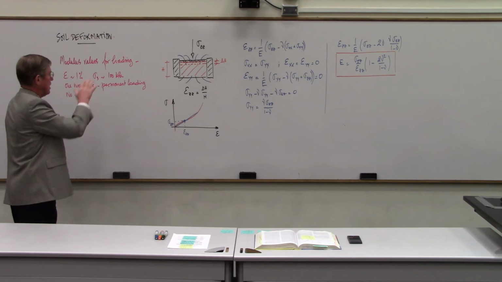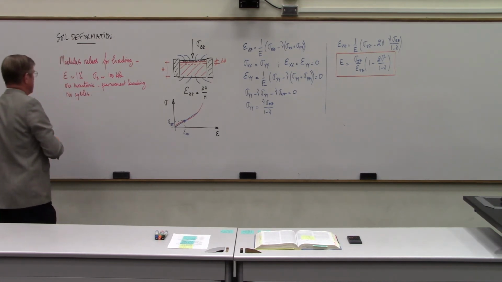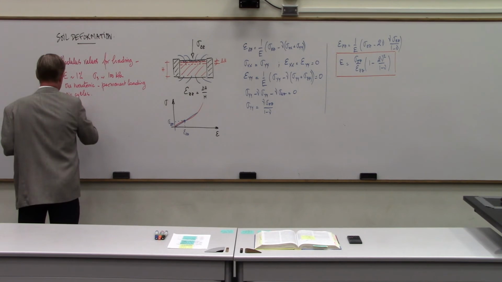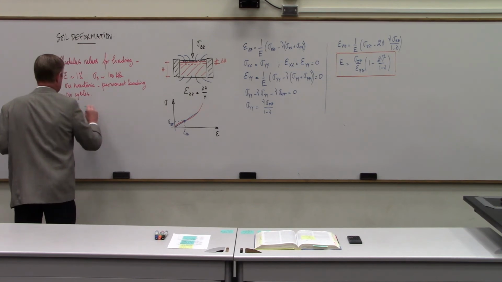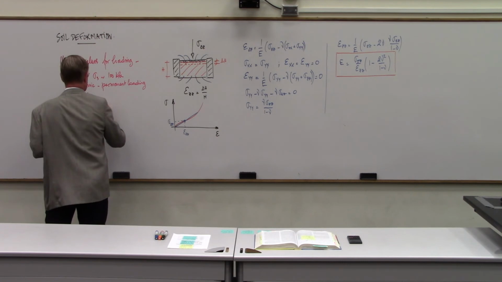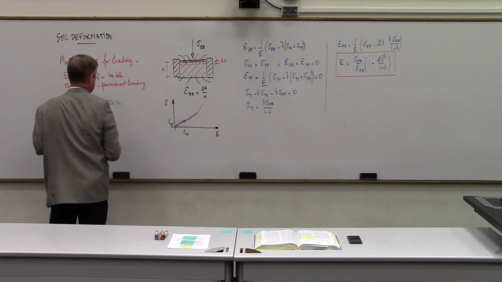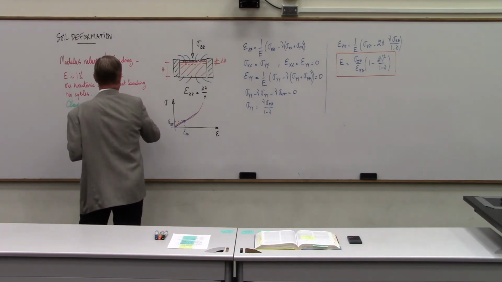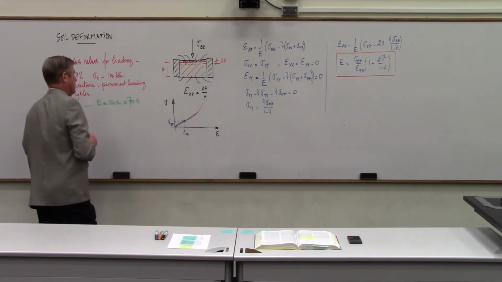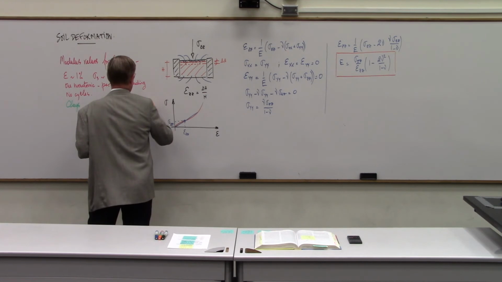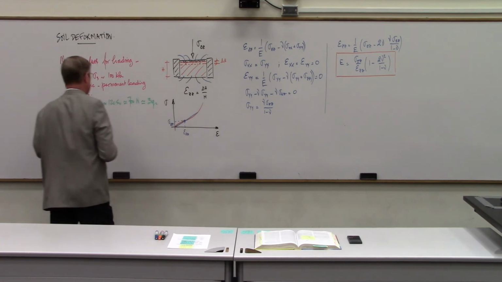Okay, with those caveats, in clays you're probably looking at moduli that are about 120 times the undrained shear strength, and about 700 times the blow count, even though we don't typically do the blow count in those materials, and about 3 times the q_c value from the cone penetrometer.